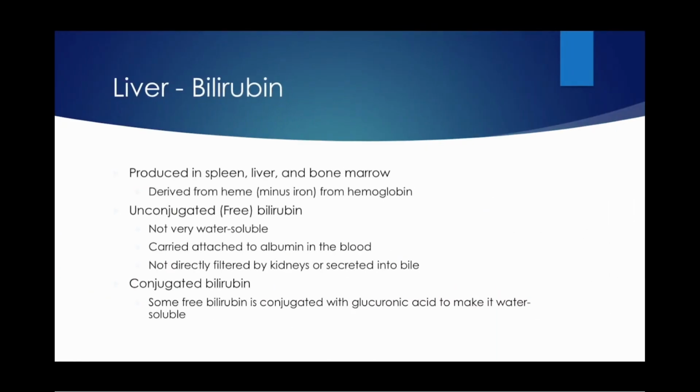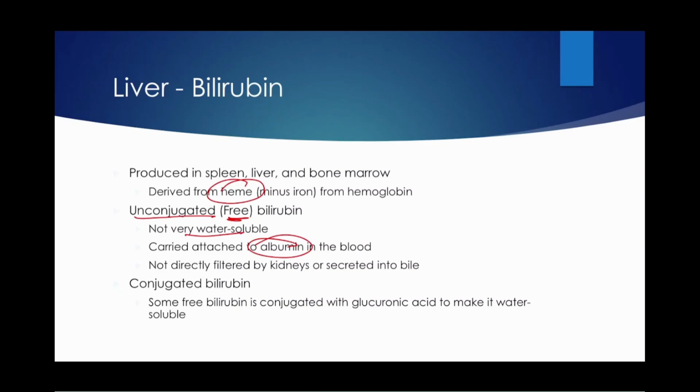Bilirubin is produced in the spleen, liver, and bone marrow, derived from the heme of our hemoglobin, so when cells rupture and whatnot. When bilirubin is unconjugated, that means it's free. Free bilirubin is floating around, not very water soluble, so it has to be attached to a protein.